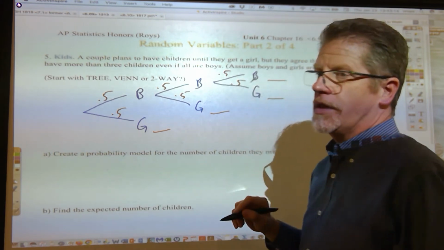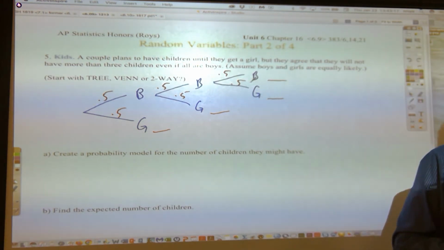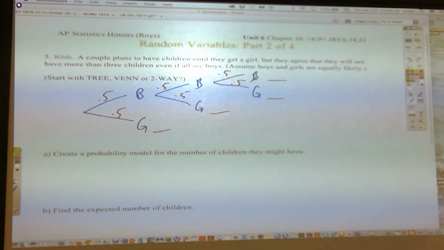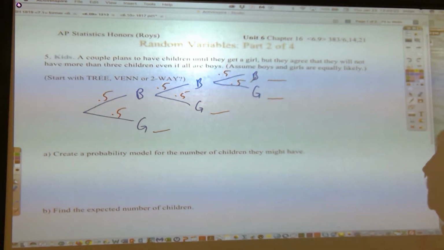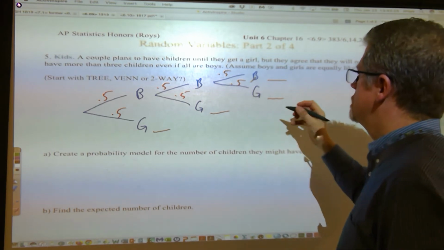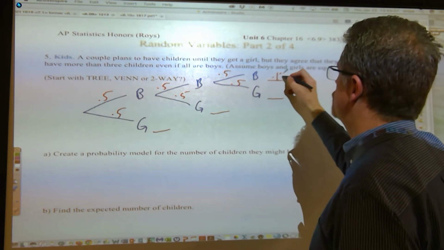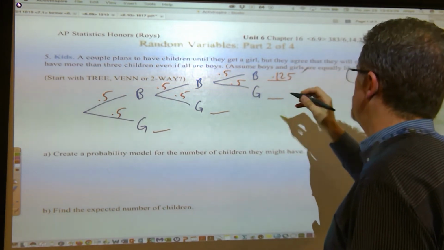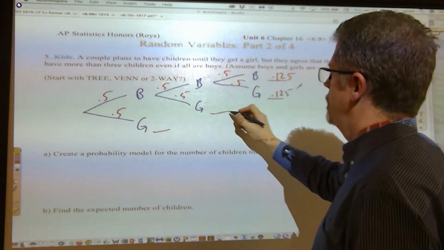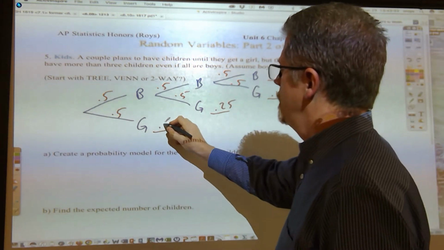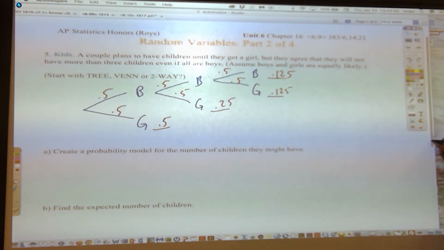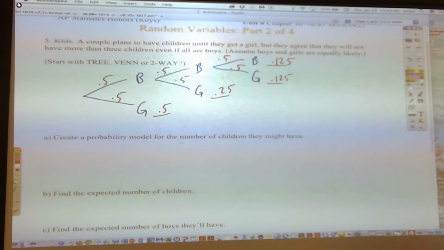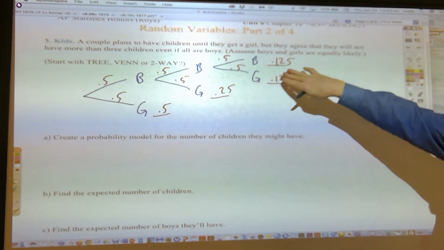Please fill in decimal form, the 4 leaves. 1/8 is 0.125. When you're done, you can look at my leaves, see if we agree. And notice, so 0.125 happened twice, 0.25, 0.5.